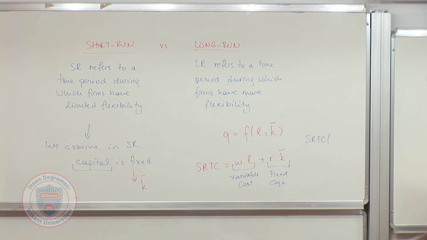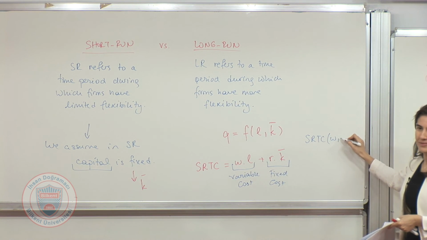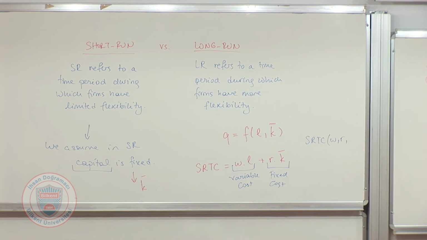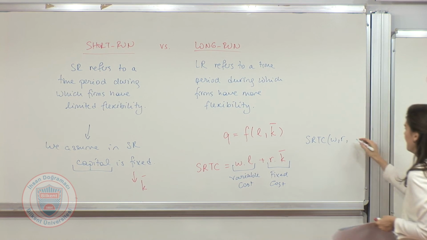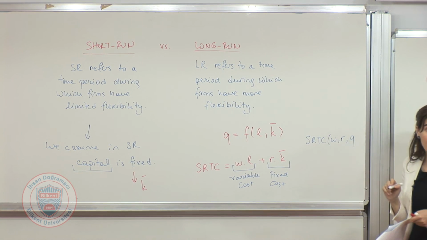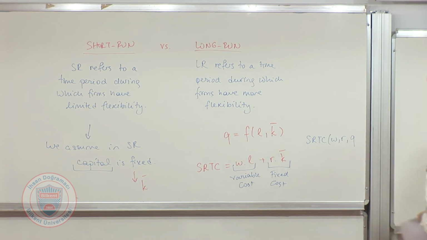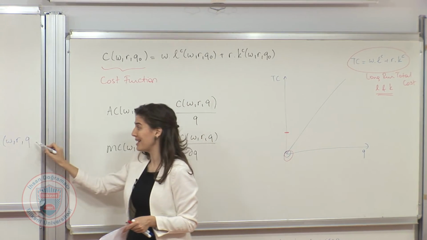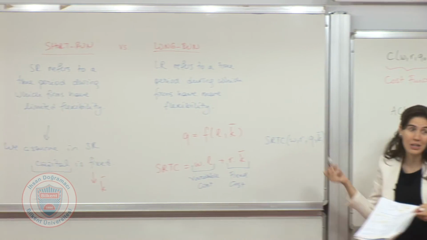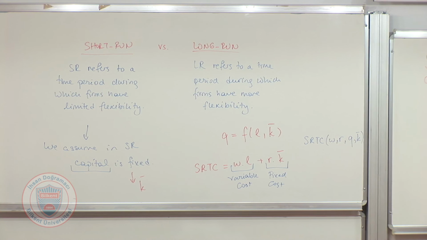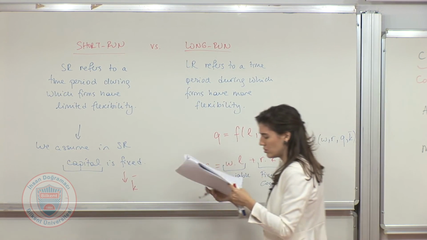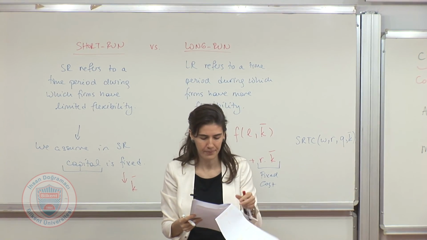Wage, R, Q, and this time, different from the total cost function, which was a function of wage, R, Q, now I have to also incorporate the fact that I don't choose K, it's given, okay? So this is the short run total cost function.